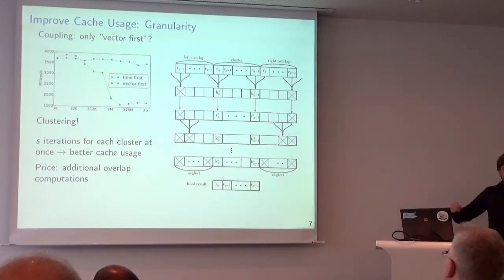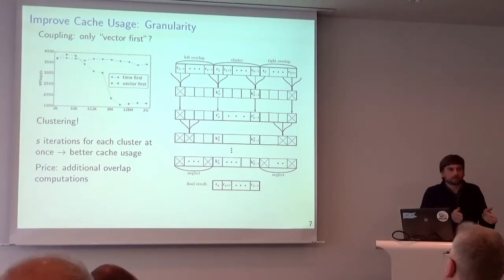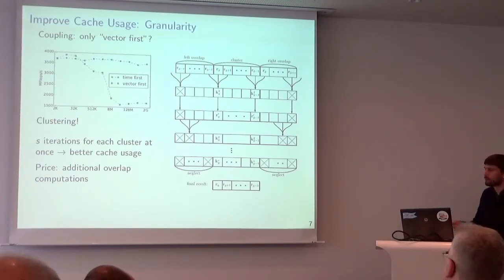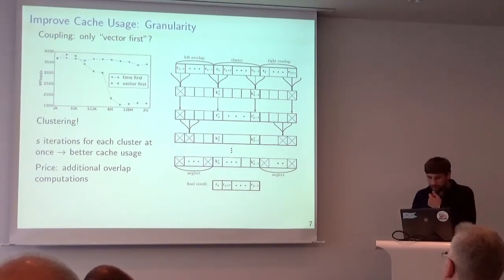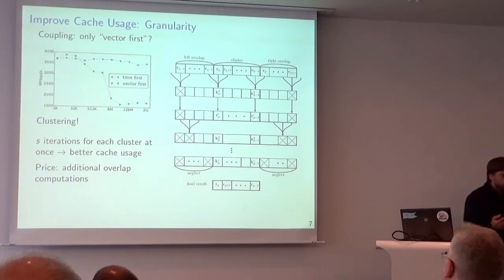The main point here is obviously that by working on those 1,000 pendulums for many steps, I reduce the memory bandwidth and I increase cache utilization. But nothing is for free, so I have to pay a price for this.